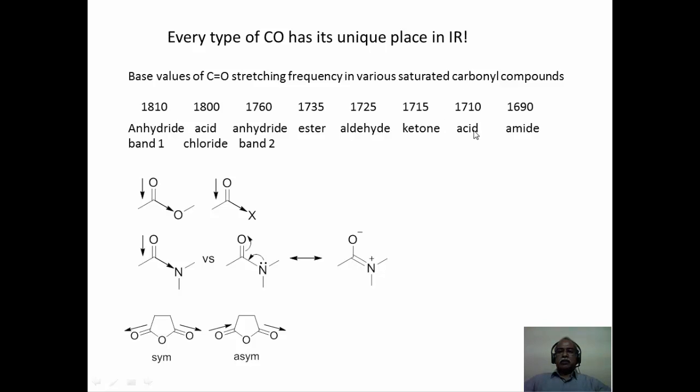In a hydrogen bonded dimer, it will come around 1710, whereas a monomeric acid functional group should come close to the ester, around 1730 or 1740.